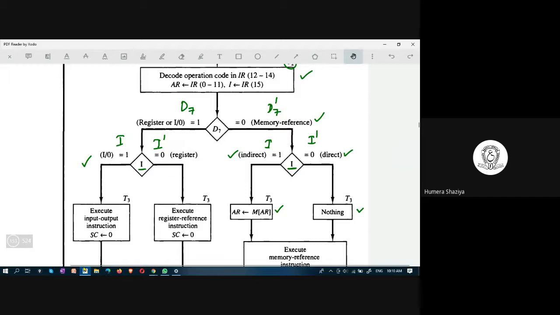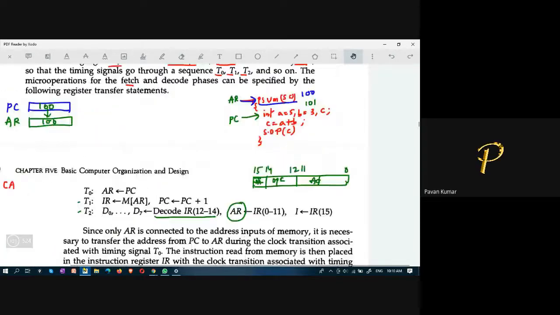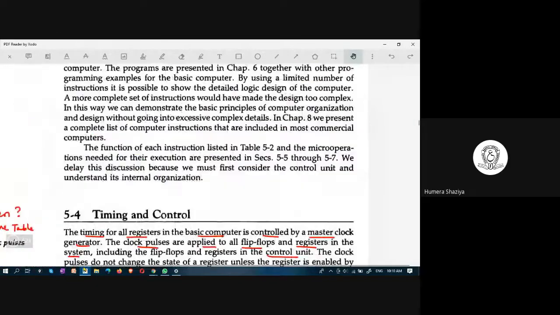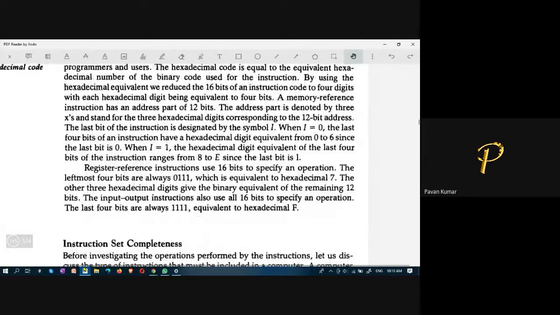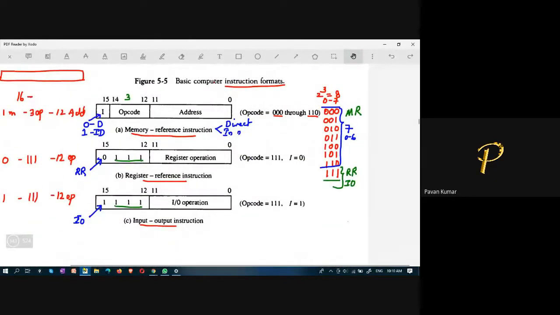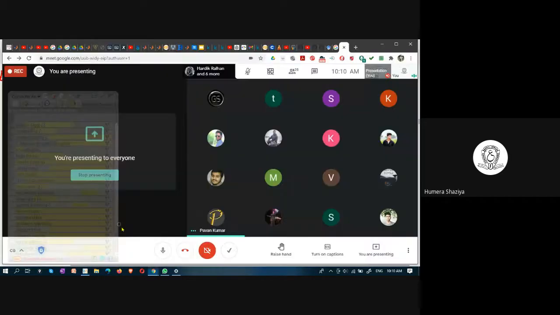If they are all zeros, then it is register. If all three are 1, 1, 1, then it is input output. I said 0 earlier, but it's all ones. Thank you for correcting.